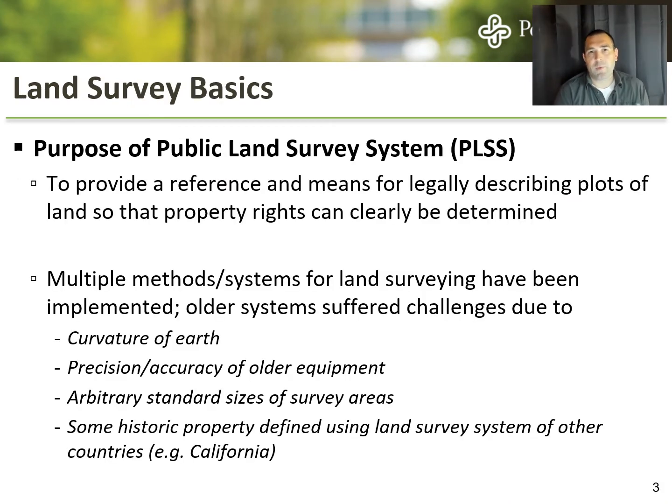So why do we have a public land survey system? Well, as long as we've been a country, there's been real property. Real property is the legal term for real estate, like land type property. And we need to be able to define that. The way that we did it is we set up this system that allows us to somewhat accurately, well, no, pretty accurately describe land.